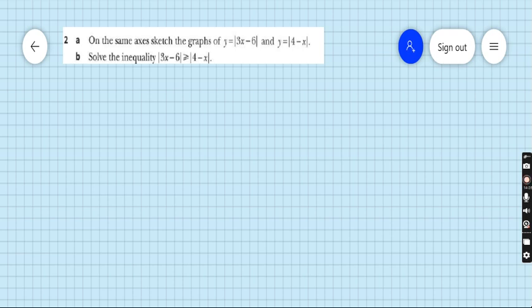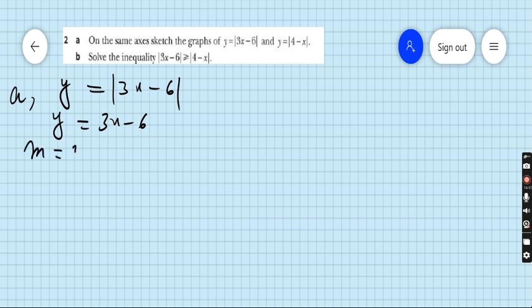But I will give you a small introduction on how to draw the graph of an absolute valued function. y equals 3x minus 6. So first consider this is a straight line, 3x minus 6. If you compare this line with the general equation of a straight line, that is y equals mx plus c, then m is equal to 3 and the y-intercept c is equal to minus 6. The second one is y equals 4 minus x.